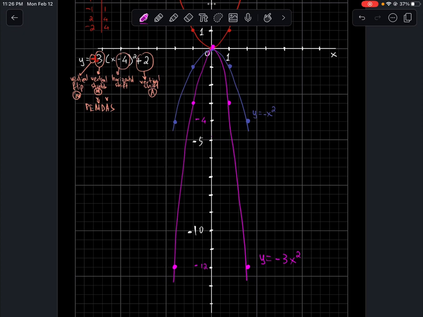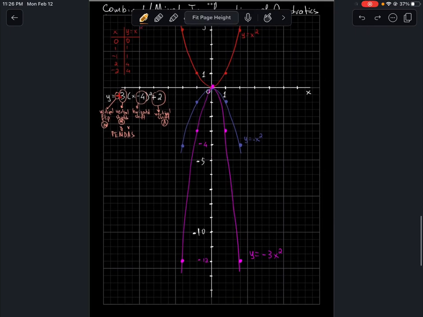I have, in a sense, done this part, and now I'll do the last vertical transformation. I'm done with the 2 multiplications, so now I will do the addition. The addition again is a vertical shift, vertical transformation, so everything goes up by 2.